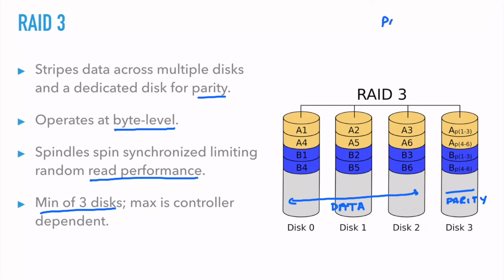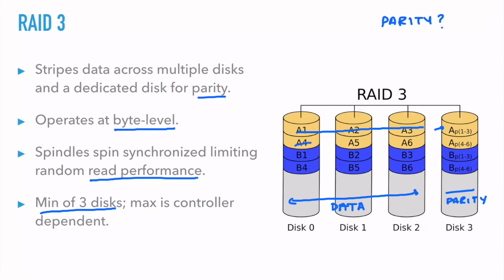What is parity? It's sort of a hash, a key which is generated using the blocks or the bytes from the different disks at the same level. So it's kind of horizontal. In this case, for RAID 3, data retained in A1, A2, A3 would be used to generate the parity AP 1 to 3.